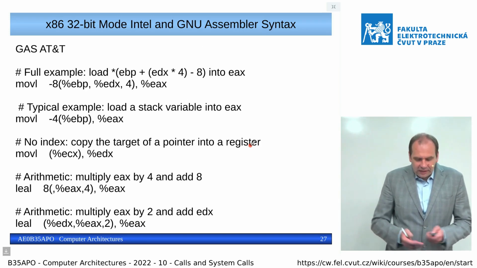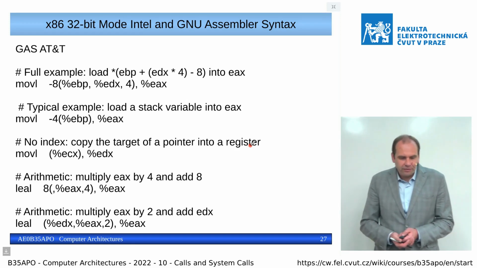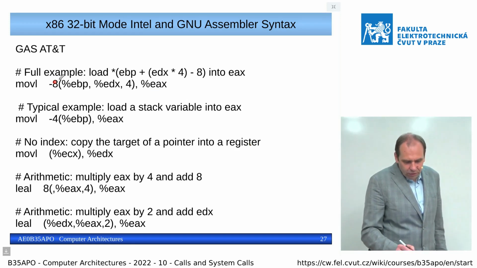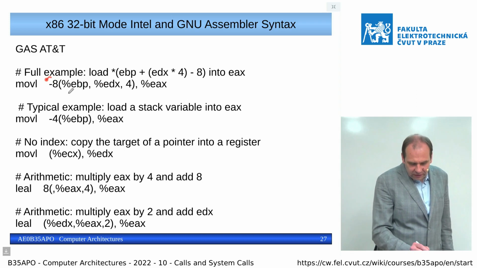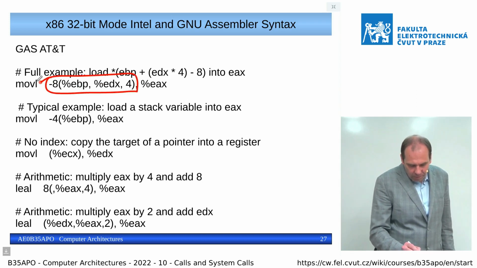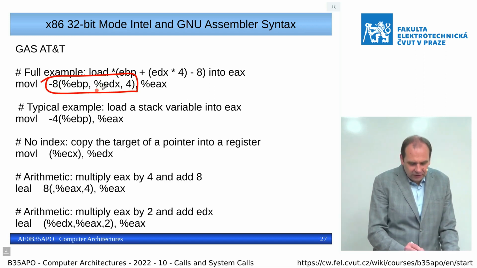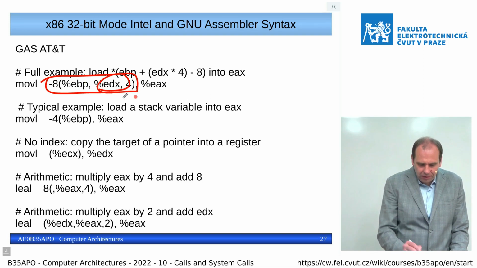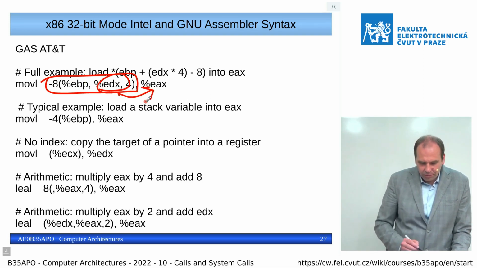Okay, there are some examples of how you can, for example, load the address data from some relatively complex defined address. So it is offset -8 from the address defined by one register plus another register multiplied by 4, and the result is put to EAX.